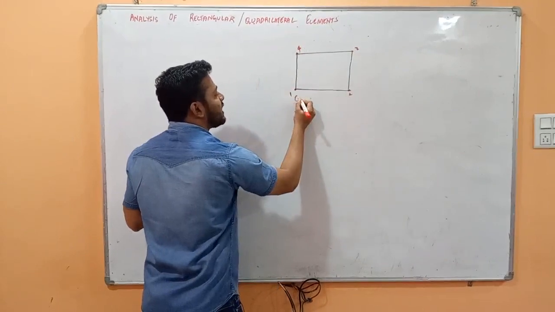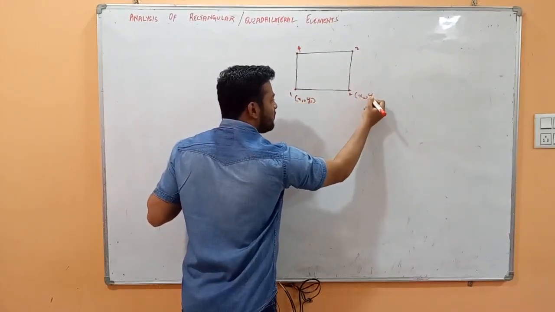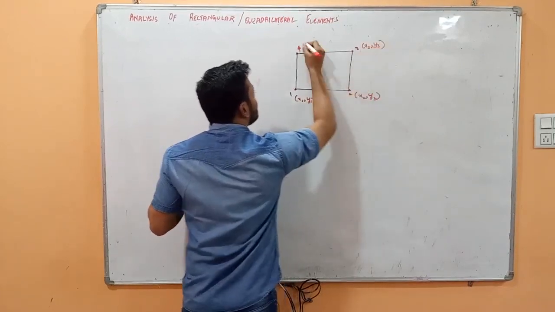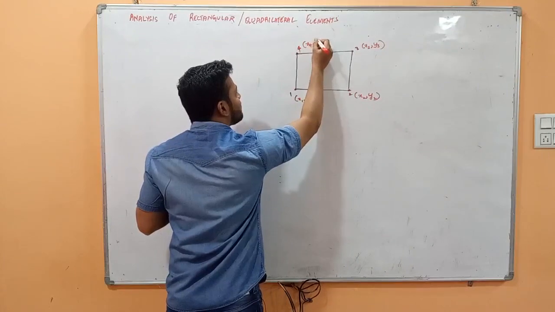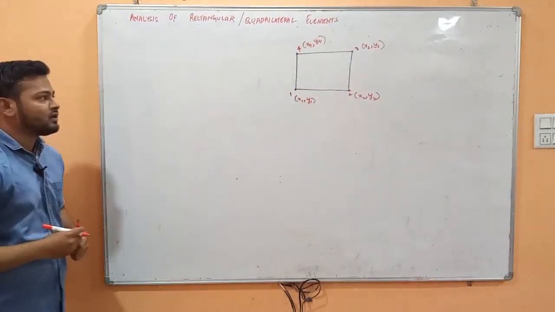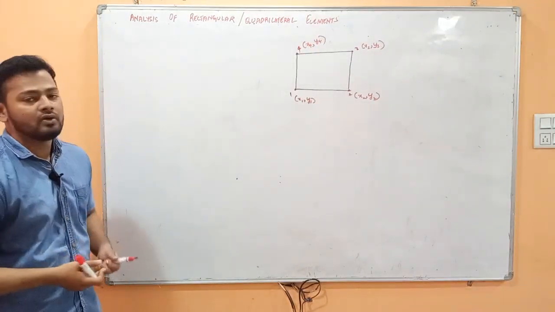Let's say node 1 has coordinates x1 and y1. This is x2, y2. This is x3, y3 and this is x4, y4. When we are using software, we have many methods of drawing anything.